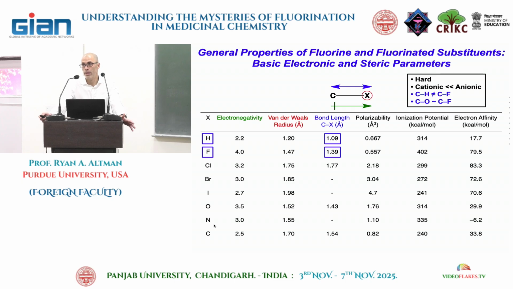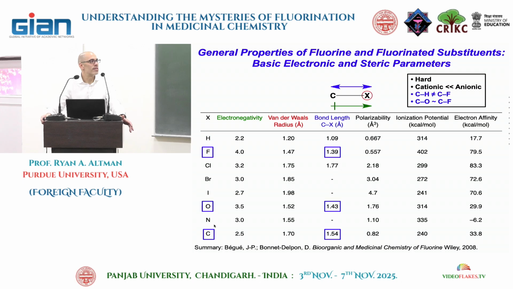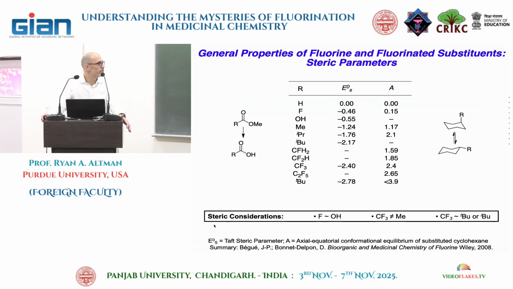Okay, not true. It might happen that you can make that replacement. The CF bond in reality is closer in size to a CO bond. You see length close to a CC bond, right? So it is a longer bond, 1.4 angstroms there. Keep that in mind as we go through. Again, we'll continue to build on these concepts as we move forward.